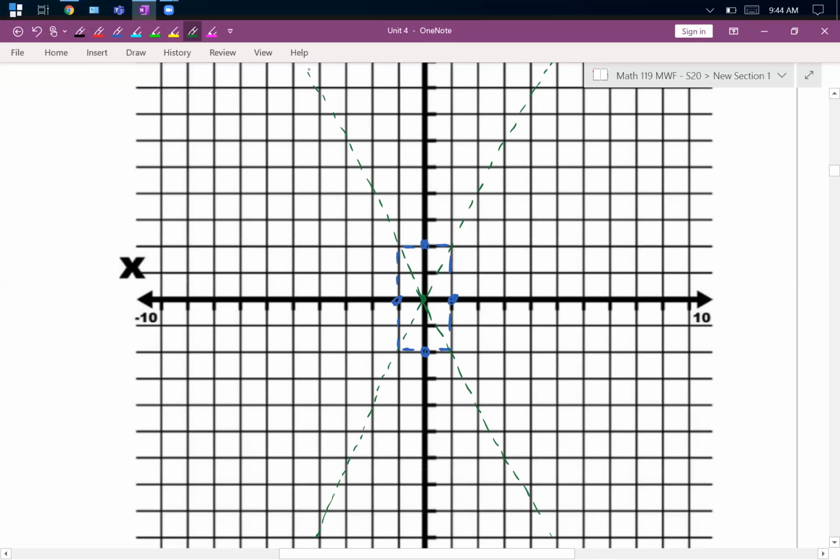Once we have our rectangle and our asymptotes, we can go ahead and draw in the hyperbola. We know that it's open horizontally. So we're going to start by hitting the point on the rectangle, and then it just approaches the asymptotes. And we're going to do the exact same thing on the other side.